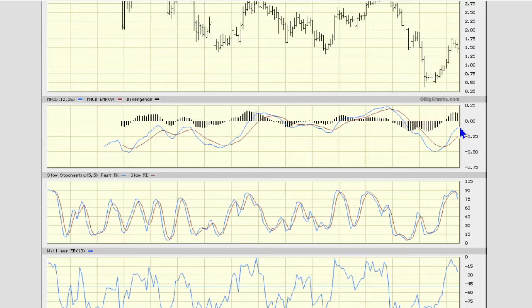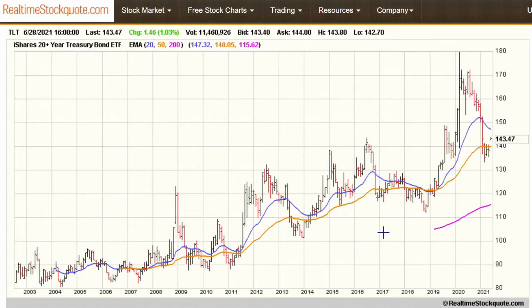All right, let's now take a look at TLT. We're now looking at the 20-year monthly chart on the iShares 20-year plus Treasury Bond ETF. The symbol is TLT, and the close on Monday was 143.47. Now, if you go back here to, say, 2007, from that point in time, a pretty good run all the way up through here.